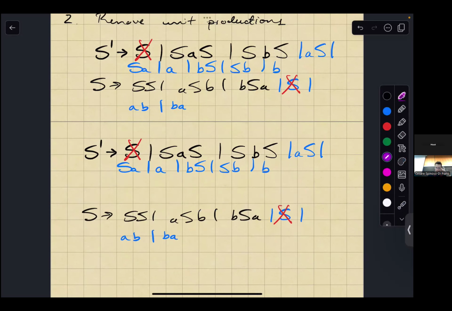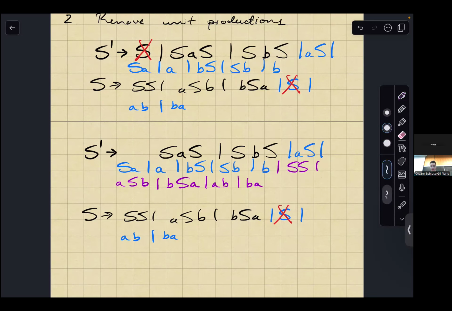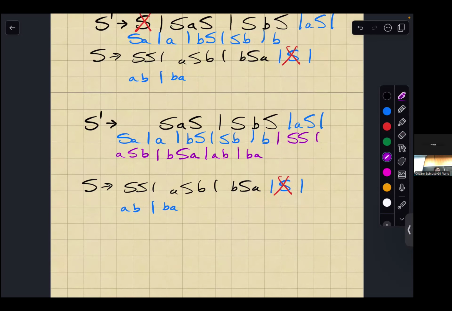Let's use purple. I have to add SS, AS, BS, SA, SB, and then A. Okay, great. So now I've removed all unit productions.